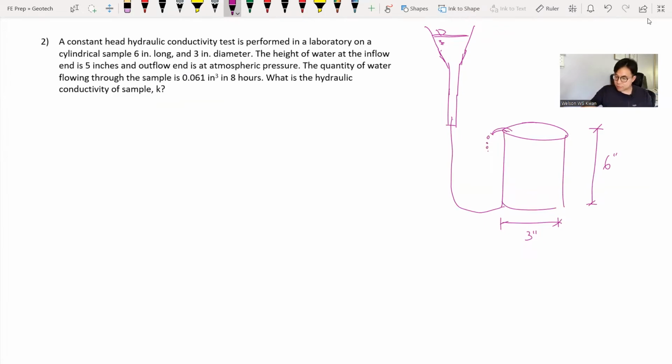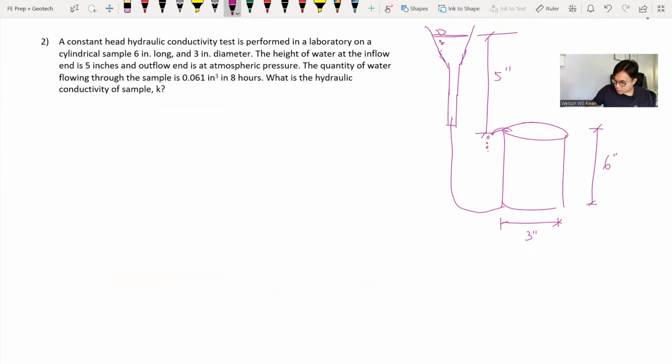Given that the height of the water at the inflow is 5 inches above the outflow, the head, where the water comes out freely at atmospheric pressure, is 5 inches. The quantity of water flowing through the sample is 0.061 cubic inch in 8 hours.